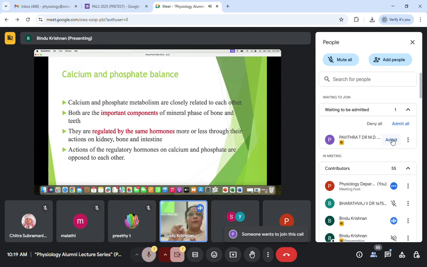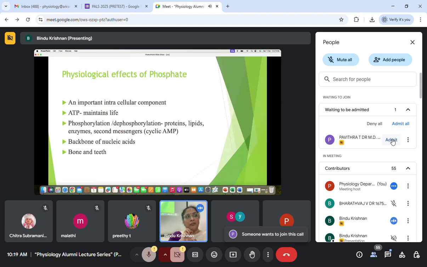Though the effect of the regulatory hormones on these organs might be slightly opposing each other, they do play an important role. And the physiological effects of phosphate, you cannot undermine it because you know ATP, which maintains life, requires phosphate. Apart from that, 85% of phosphate is there in the bone and teeth. It forms the backbone of nucleic acid, be it DNA, RNA, and the innumerable phosphorylation, dephosphorylation happening in all our enzymes, be it hormonal or neurobiological reasons.